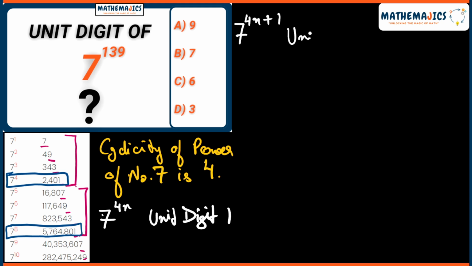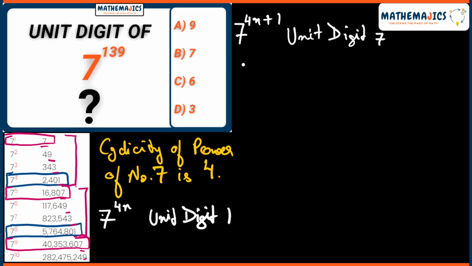What is the unit digit in that case? 7 raised to power 1, the unit digit is 7. 7 raised to power 5, the unit digit is 7. 7 raised to power 9, the unit digit is again 7. The powers 1, 5, and 9, when divided by 4, leave remainder 1. So in that case, the unit digit is 7.